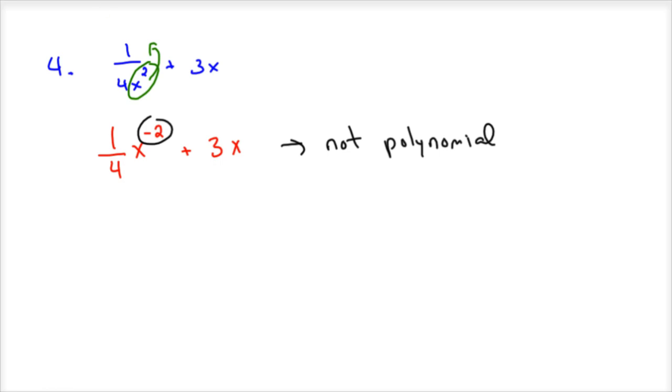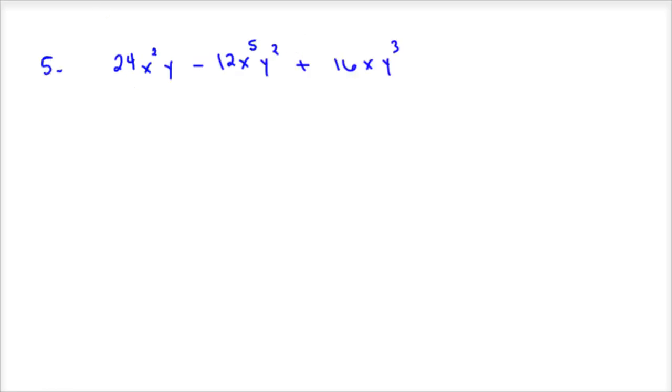All right, and let's look at one more. Find the degree of the polynomial here. Some strategies are to find the term with the highest exponent. You can put them in order if you like. So I can say, okay, this is my first highest, negative 12 x to the fifth y squared, plus the second highest, 16x y cubed, and then plus, finally, 24x squared y.